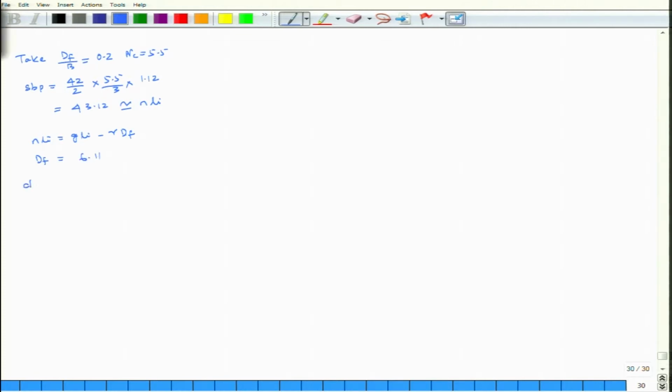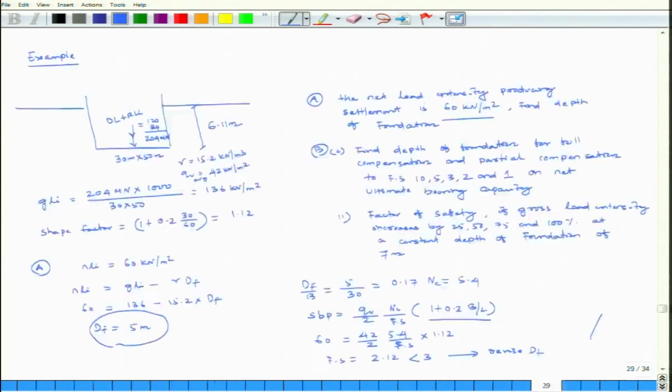Now you have to check df by B is equal to 6.11 by 30, which is equal to 0.2, it is okay. Now for part 1, adopt df is equal to 6.11. So, in case 1, taking depth of the foundation 5 meter, it is not satisfying.